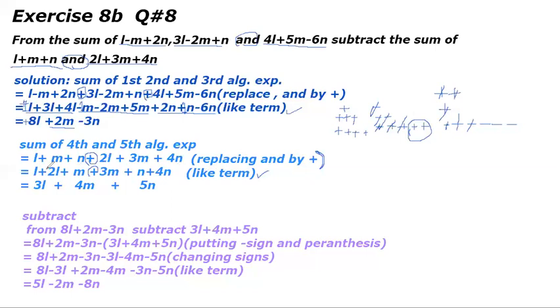Like terms means the terms having the same variable. L and positive 2L. Now positive M and positive 3M, these two are like terms. Now positive N and positive 4N, these two are like terms.